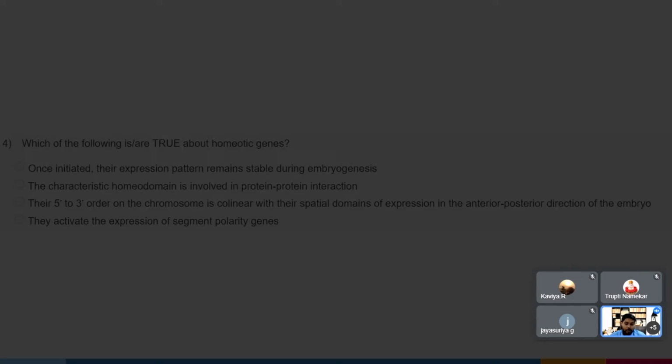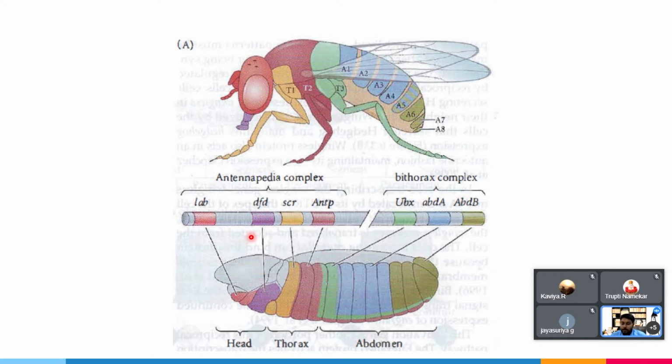Okay, so let us talk about the Hox genes themselves. The Hox genes are expressed hierarchically, after their expression pattern is established by the maternal effect genes, the gap genes, the pair-rule genes, and the segment polarity genes, all of which together help in the expression pattern of Hox genes.